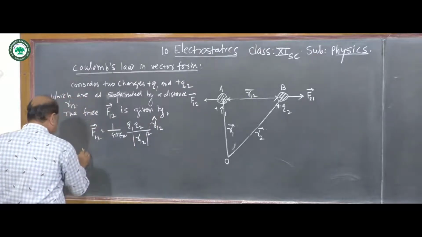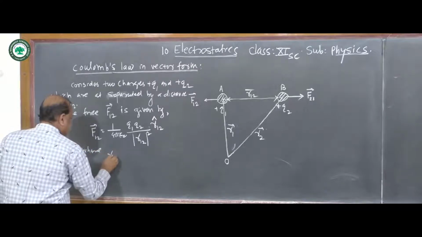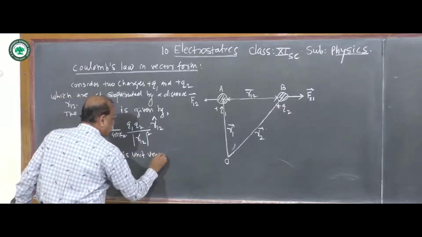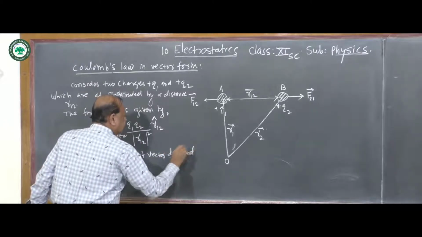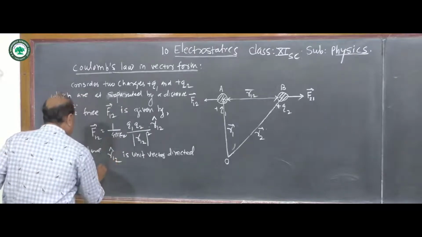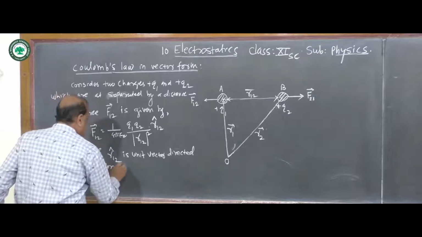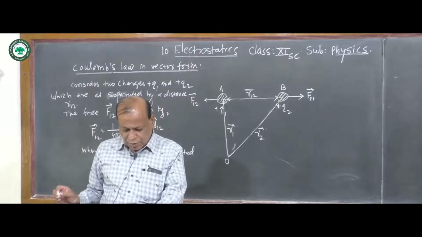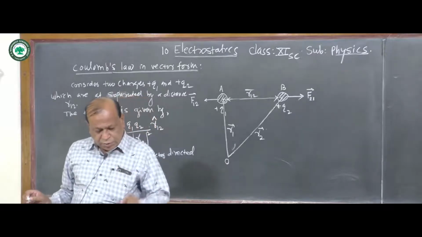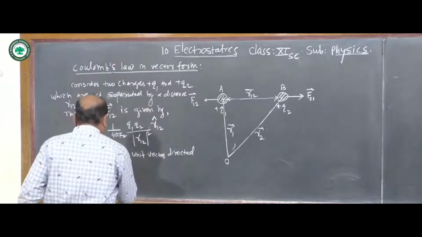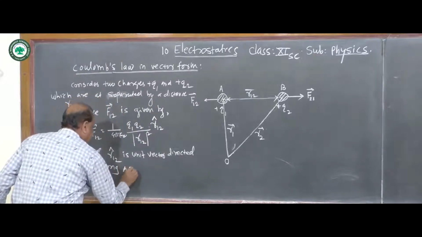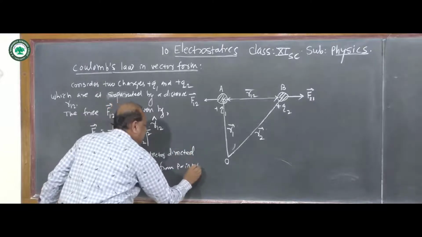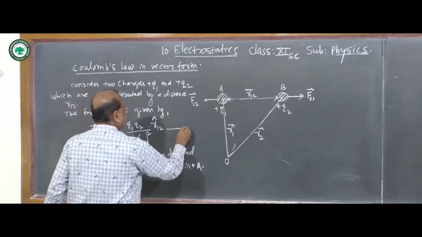Here R12 cap is a unit vector directed along AB and away from point A. This is equation 1.